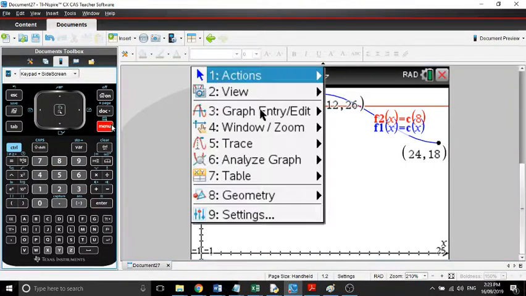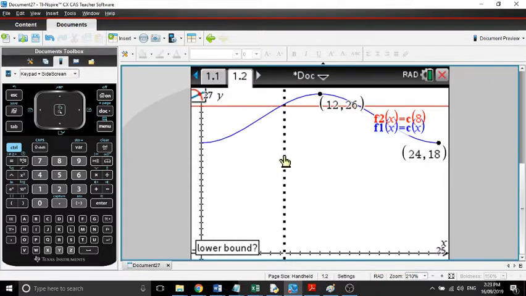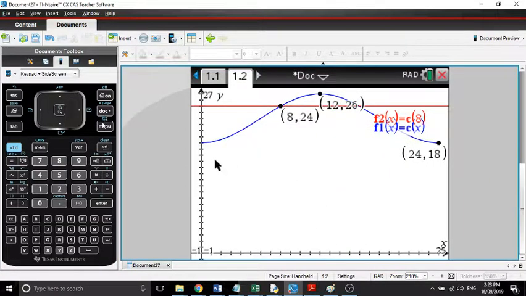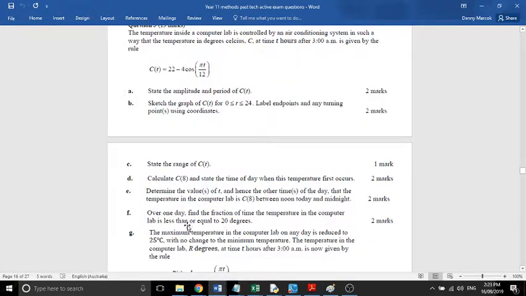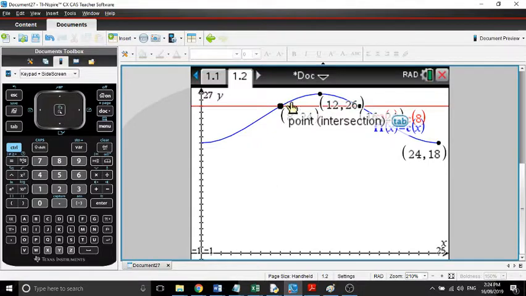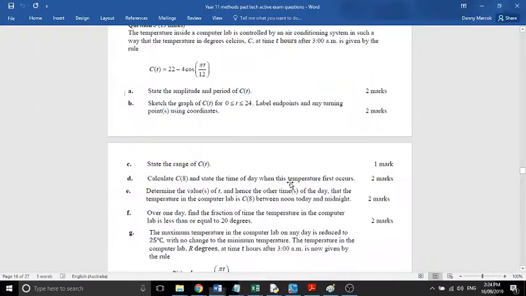Menu, analyze, intersection there and there. So this is 11 a.m., and noon is about here. It also happens 16 hours after 3 a.m., which is another 12 hours plus 4. So it happens at 7 p.m.